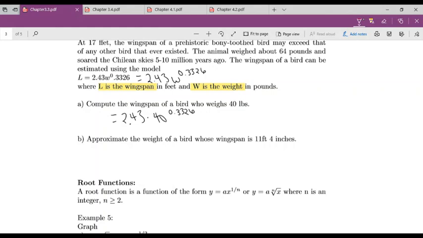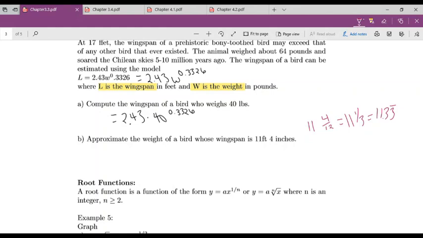There's 12 inches in a foot, so this is like 11 and 4/12 feet, which winds up being 11 1/3 feet, which is the same thing as 11.33 repeating. That's what you'll actually have to type in here.